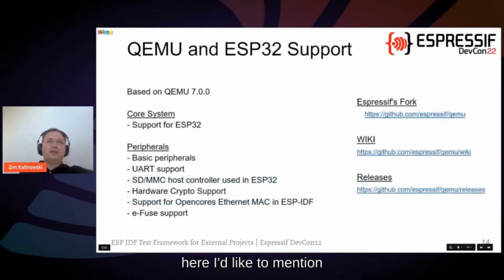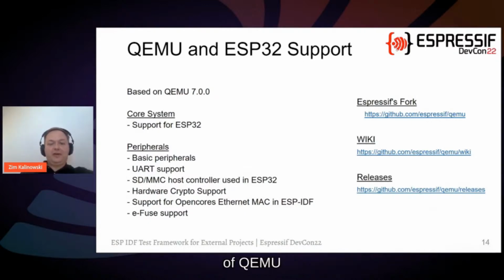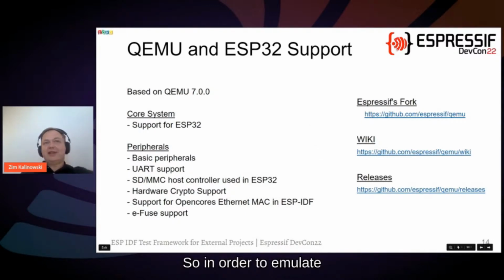Here I'd like to mention a little bit more about our own fork of qemu. In order to emulate ESP32 chips, we had to add a few modifications to the original software. They are not upstreamed yet.